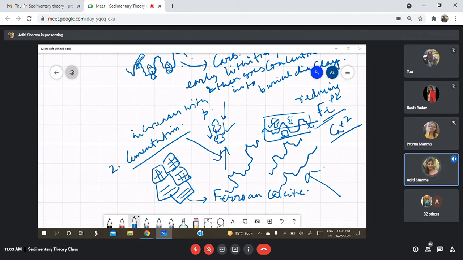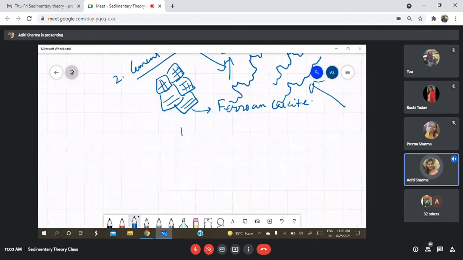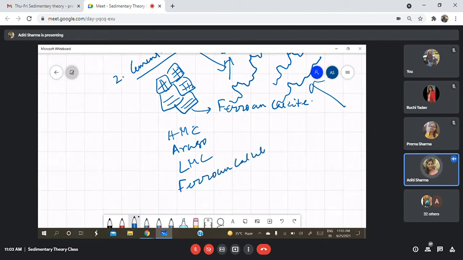Now, we have seen high Mg calcite, HMC, aragonite, low Mg calcite, ferroan calcite. All these different types of calcite and aragonite are carbonates.